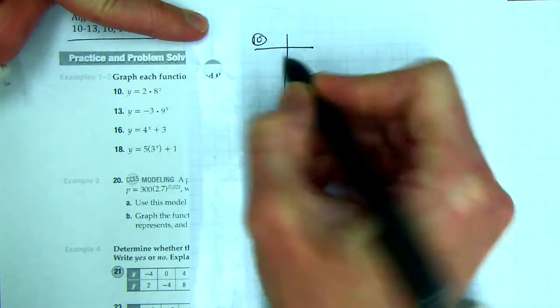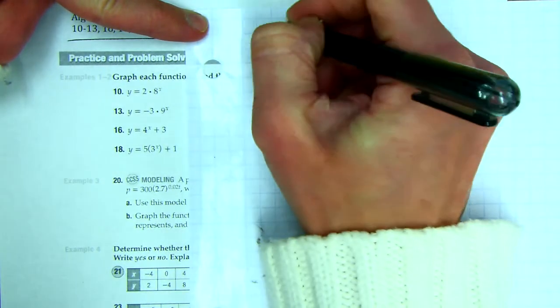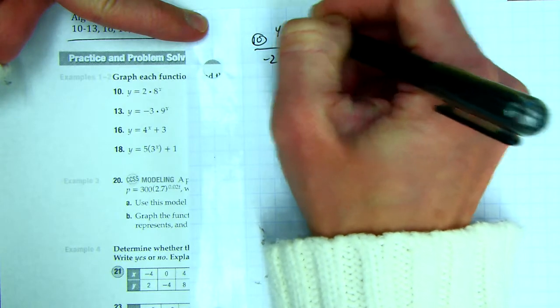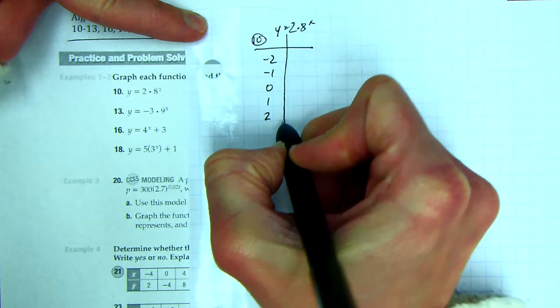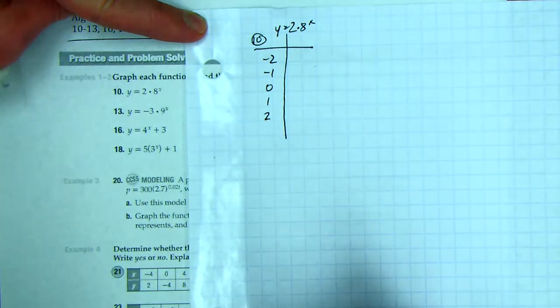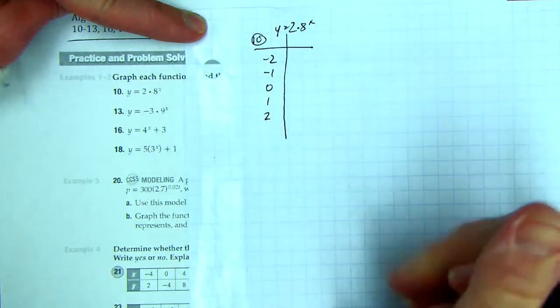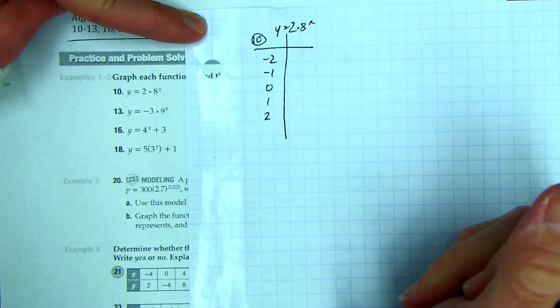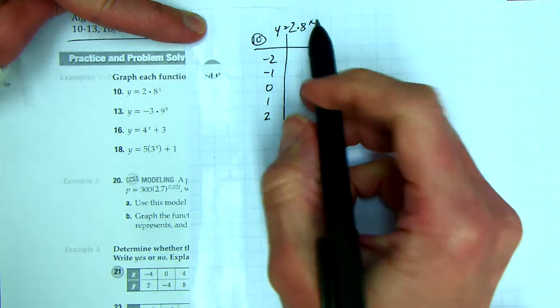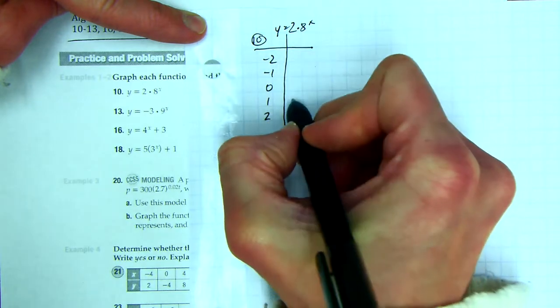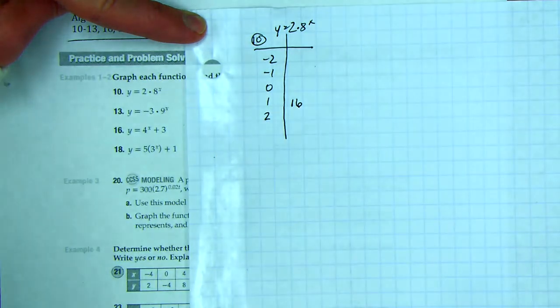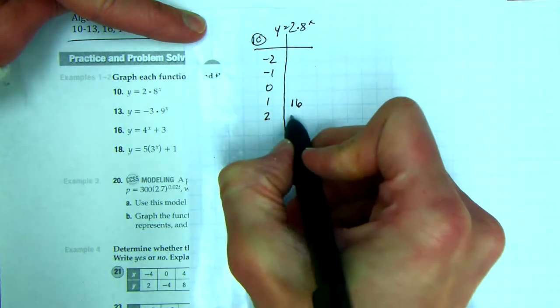I'm going to go -2, so it's y equals 2 times 8 to the x, right? -1, 0, 1, 2, whatever. So if I put 2 in there, 8 to the second is 64 times 2 is 128.